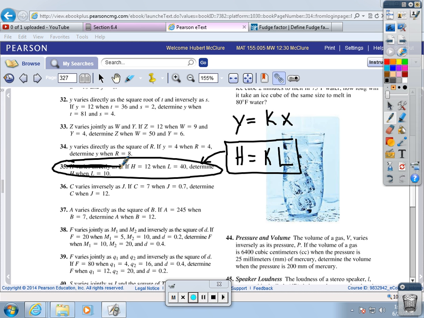We'll take a highlighter and highlight that right there. We just did that.